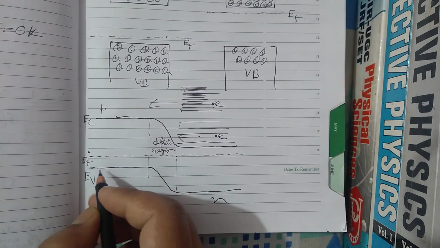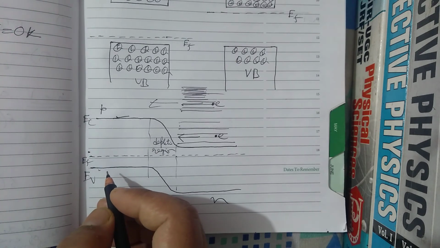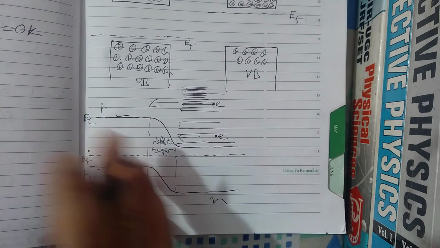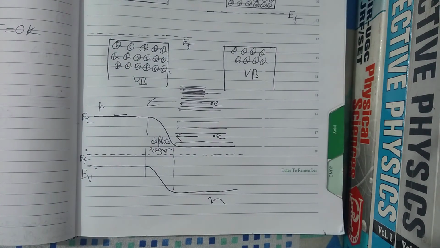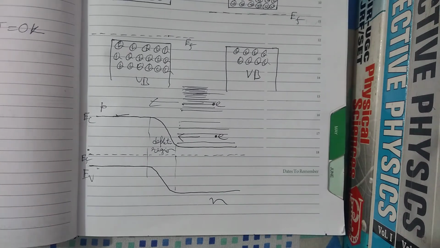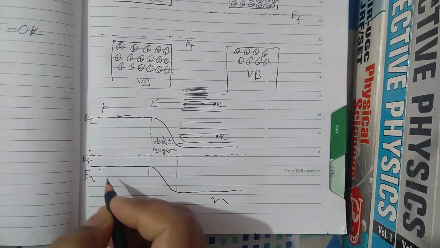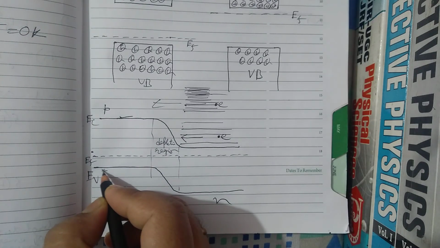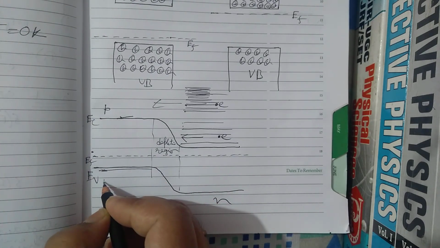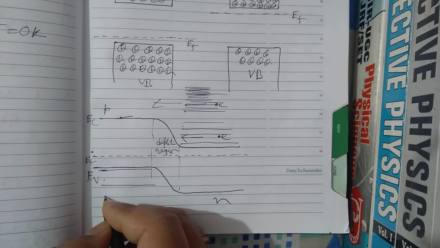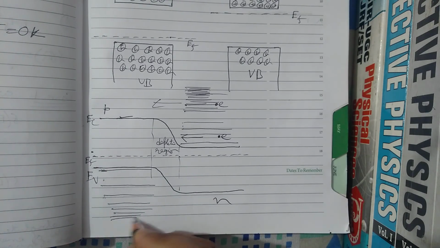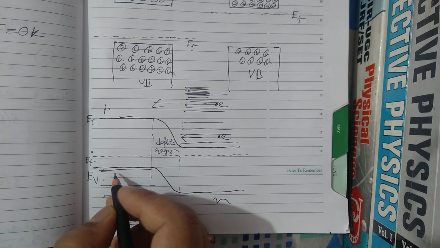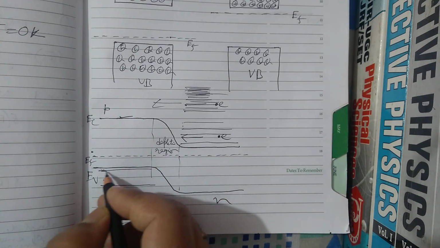Here in the valence band also, these are bands. You must learn how the bands are formed in a solid; that can be asked in your viva. Also, for how to find the band gap energy by the two probe method experiment, that can be asked. Near the Fermi level the density of energy states is very less, and gradually the density increases, but here the electron density is more, or rather here holes.